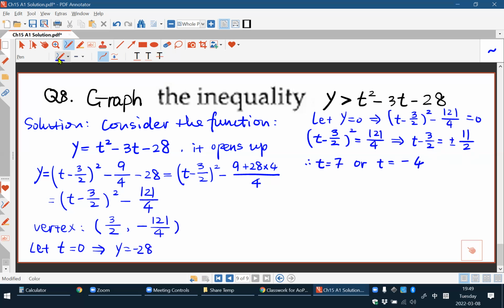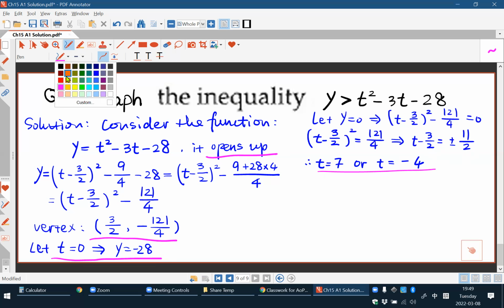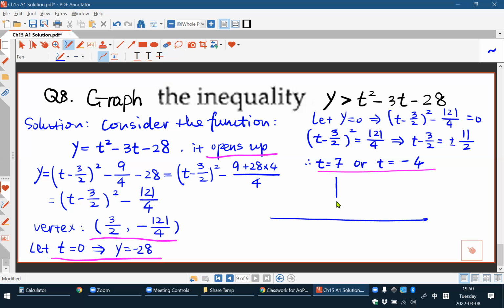Okay, then let's make a summary. We have the vertex, direction, y-intercept, t-intercept, or horizontal intercept. Then we can sketch the graph of this function. So this function will have a graph like this.